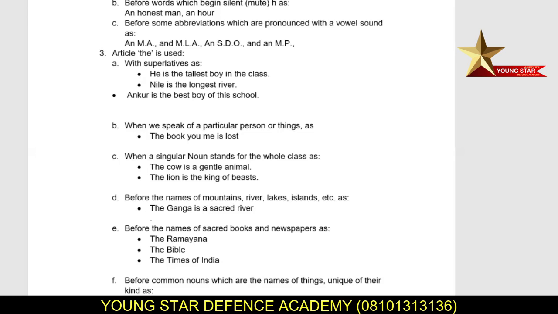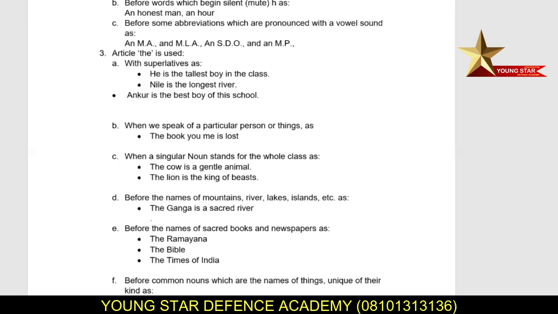Also, when we speak of a particular person or thing, as the book. Always when you are using articles, you have to ask yourself a question, and you should get the answer to that question. Like we are talking about Ramayana, it's a book, right? We say Ramayana is a great book. If this is a sentence, we'll ask a question: which book?